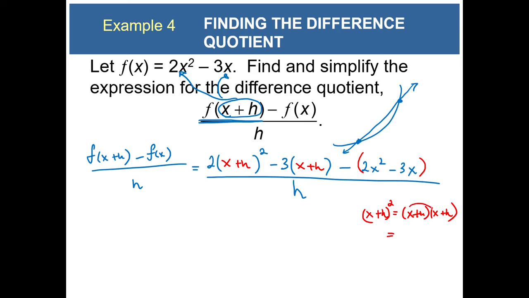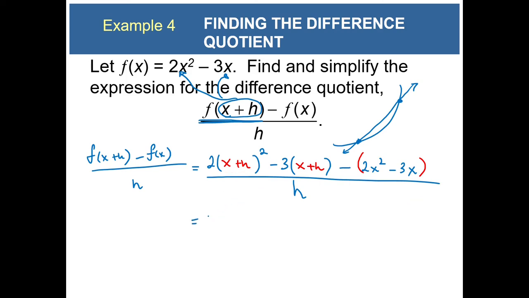If I FOIL this out, I get x squared plus xh plus xh plus h squared. This is x squared plus 2xh plus h squared. Now I can replace the x plus h squared with x squared plus 2xh plus h squared.